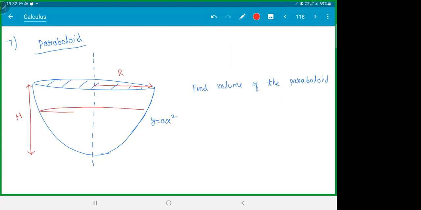Disks, right? I can take disks. See, I'll help you out. Pi r square h? No, that will be the full volume, Aditya. That will be the full cylinder's volume.